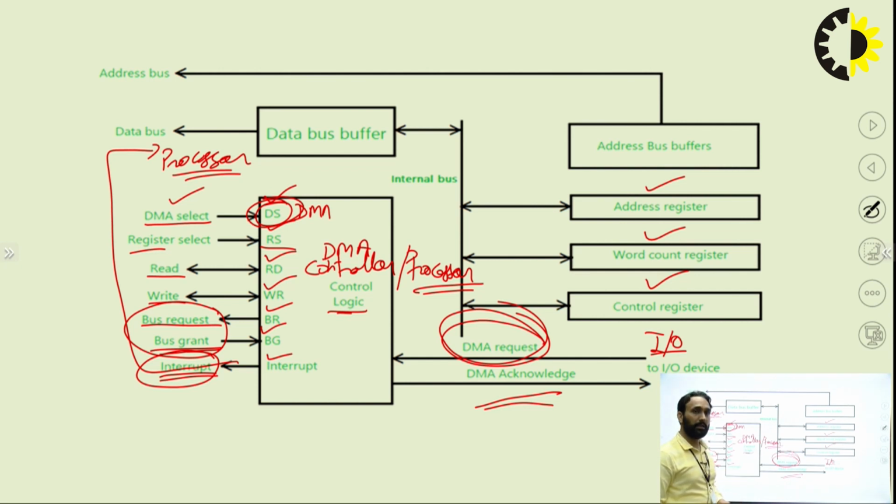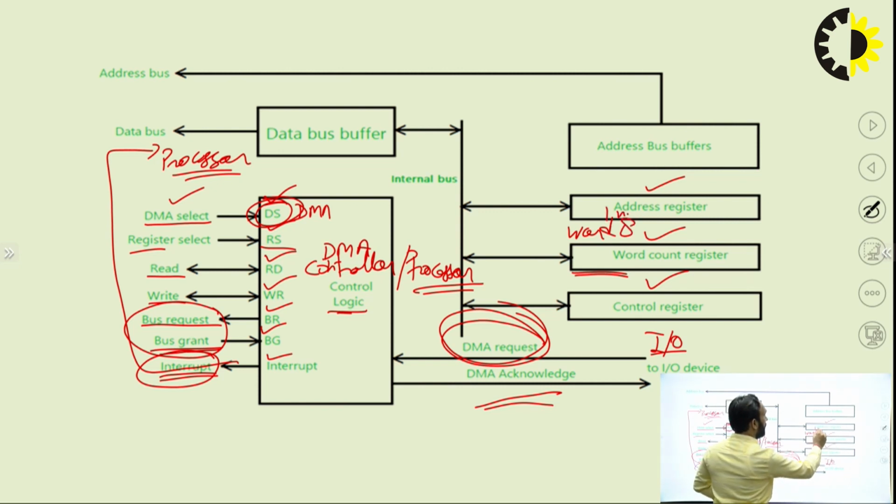The address register contains the address of the location where the read or write operation will be performed. Along with it, it contains the size of data that is transferred between memory and IO devices in terms of words. As I said earlier, it will be one word here, 8-bit, or we can say 1 byte.